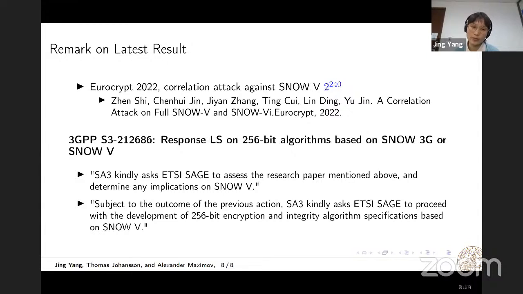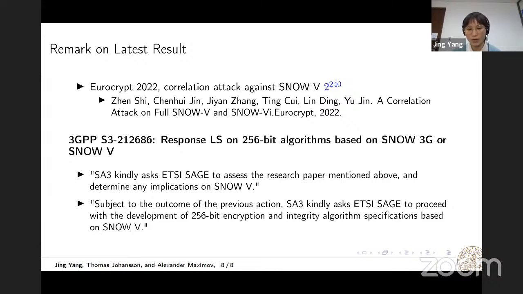This attack has been reported to 3GPP, and in this 3GPP communication draft, it writes, 3GPP SA3 kindly asks SAGE to assess the research paper mentioned above and determine any implications on SnowB.